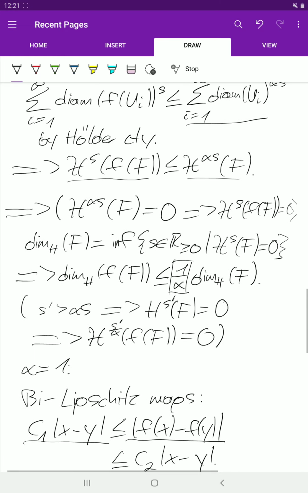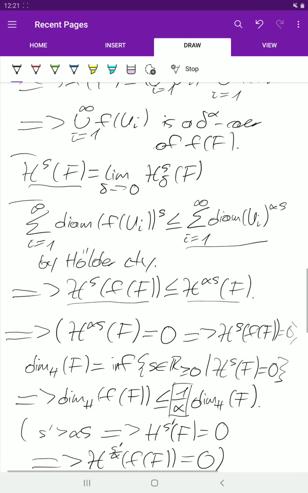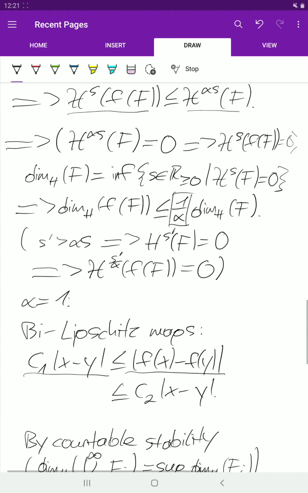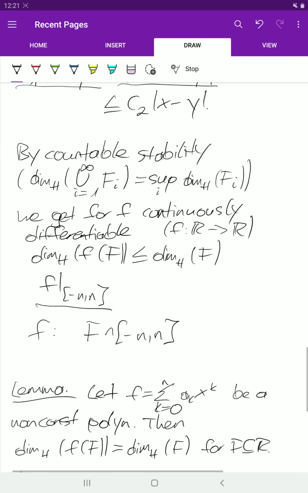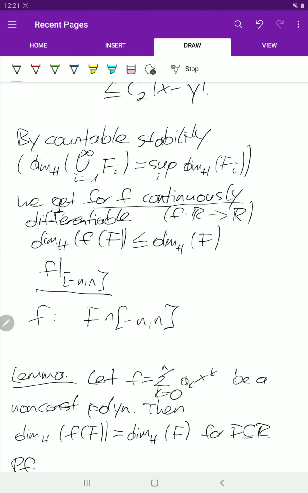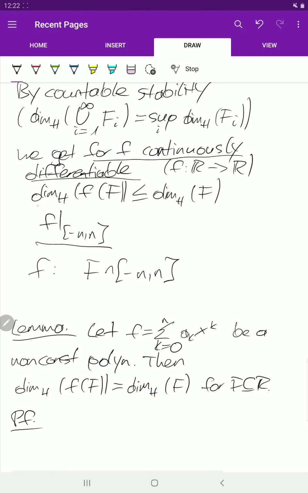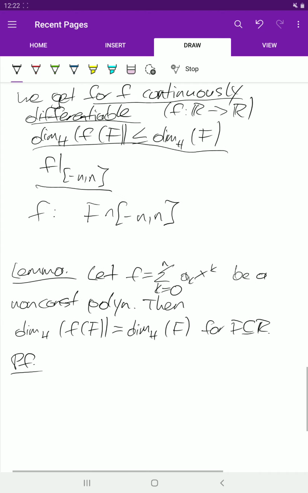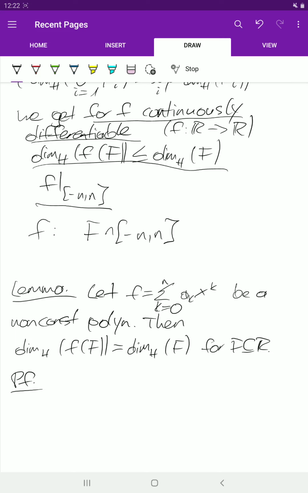Okay, so last time we had that for f continuously differentiable, this inequality. So what we want is that we have f to be a bijection, kind of.